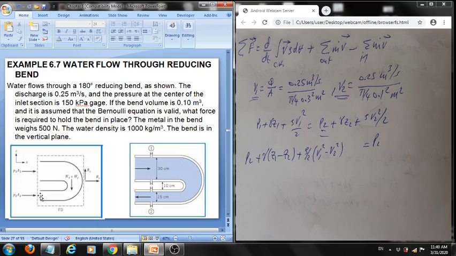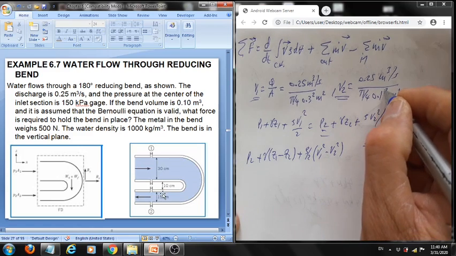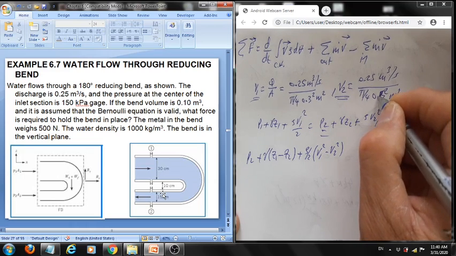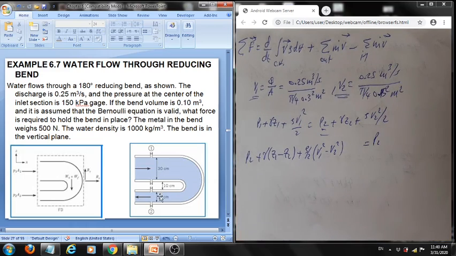In this case, if we want to compute Z1, I apologize, this is not 10 centimeter, it's 15 centimeter.